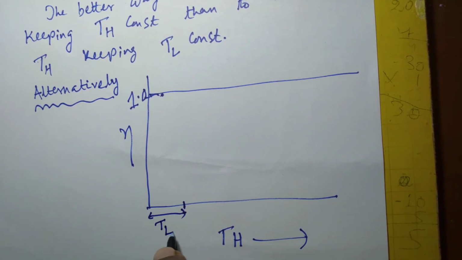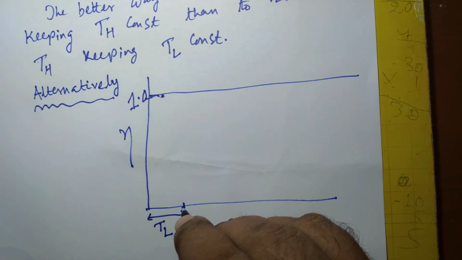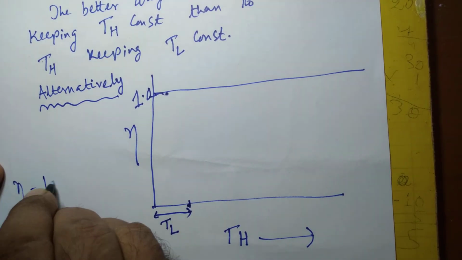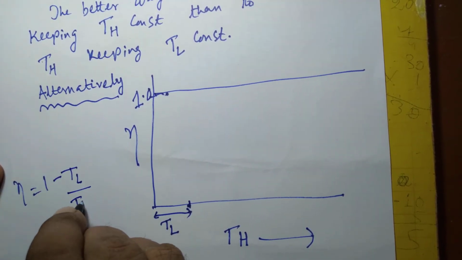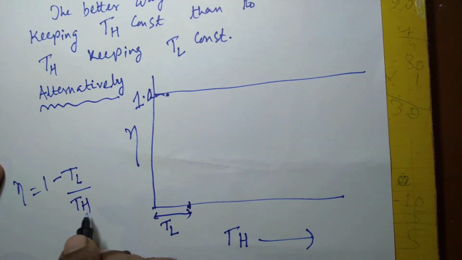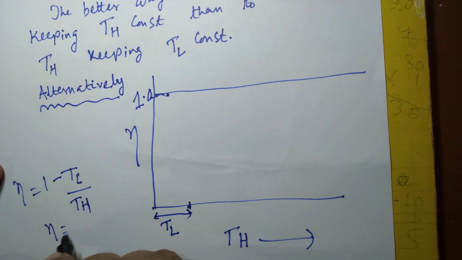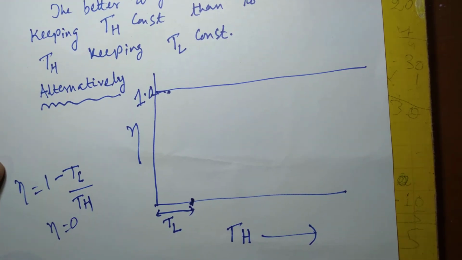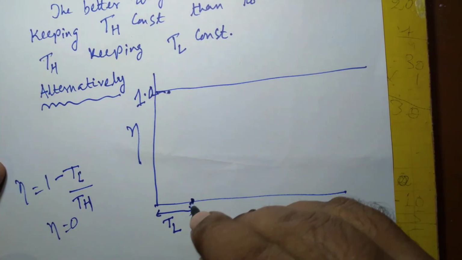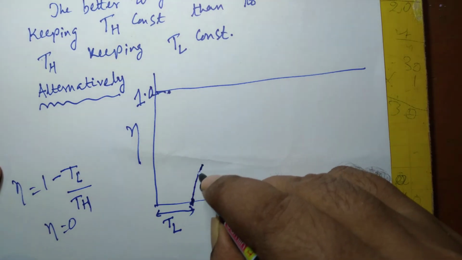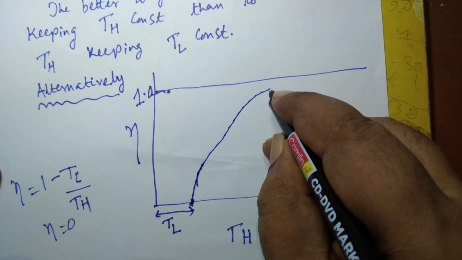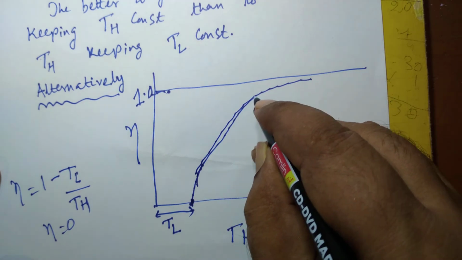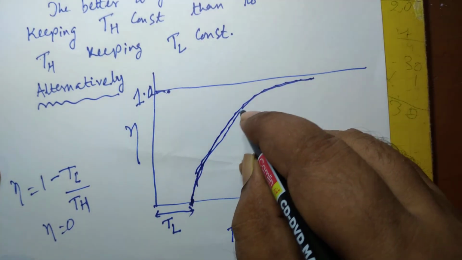This is TL. When TH is equal to TL, efficiency, which is 1 minus TL by TH, becomes 0. So here the efficiency becomes 0. And the slope decreases.